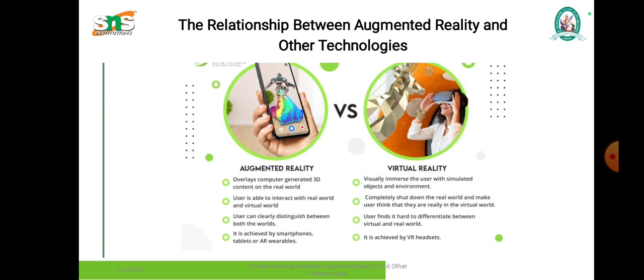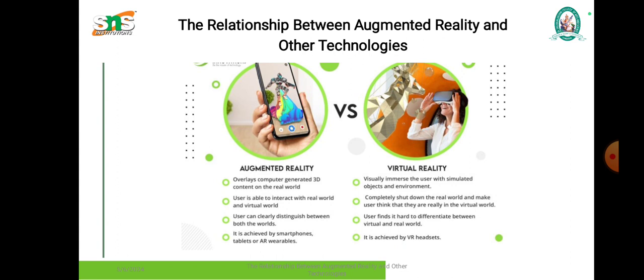Second point, the user is able to interact with the real world and virtual world with the help of AR. But VR completely shuts down the real world and makes the user think that they are really in the virtual world.